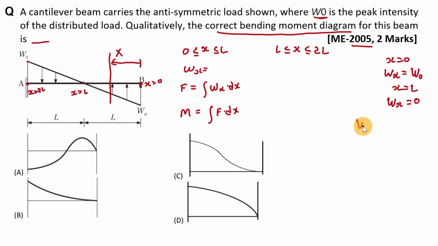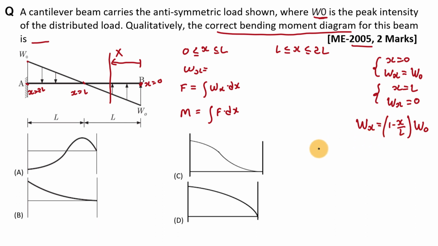Now here we have to find out equation of this line in terms of x. By using these 2 points, we can find out equation of this line. And if you find this equation, then it will be (1 minus x by L) into W0. Here if you put x is equal to 0, then Wx is W0, and if you put x is equal to L, then it is 0.